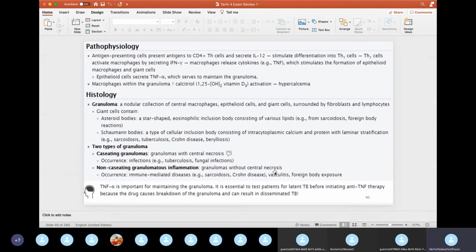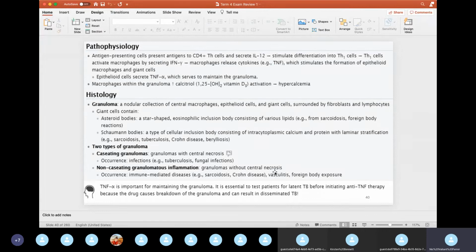Remember, your macrophages are the ones maintaining that granuloma. They're the ones secreting TNF. So if you give anti-TNF drugs, you are breaking down the granuloma, thereby disseminating the disease. There's a pharmacology tie-in there.